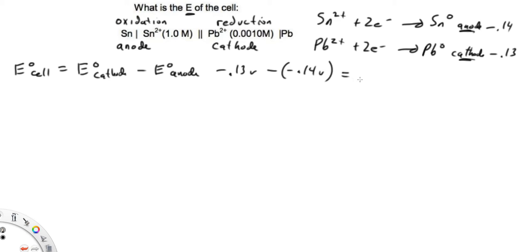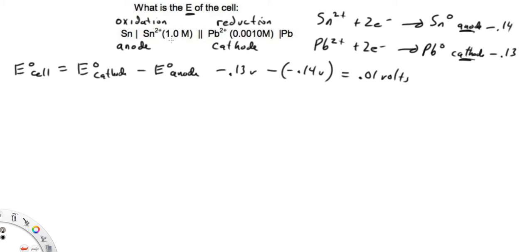That's going to equal 0.01 volts, which is certainly not a large EMF or electrode potential for this particular cell, but it is because they're so close on the table. All right, now that would be 0.01 volts if everything was 1.0 molar.